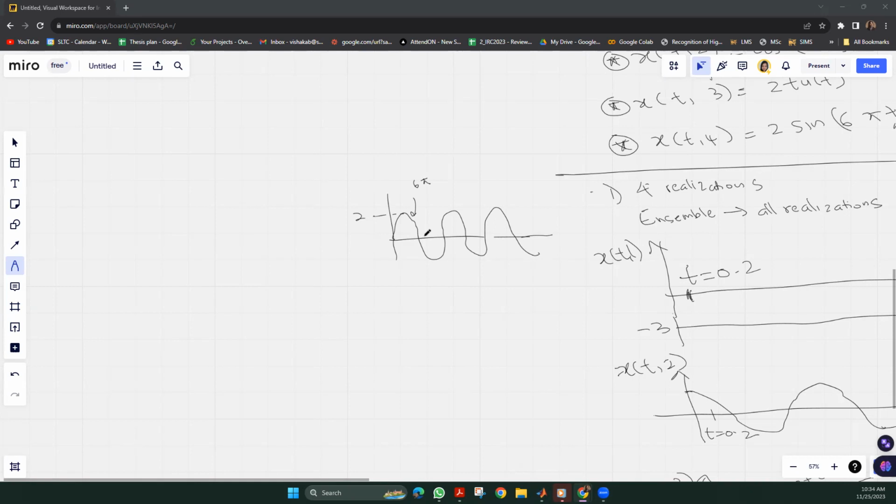The omega for this signal is 6 pi, and omega is also 2 pi f, so 2 pi f equals 6 pi, and the frequency is equal to 3. Then 3 equals 1 over T, so for the period I will get 0.33, which is 1 over 3.